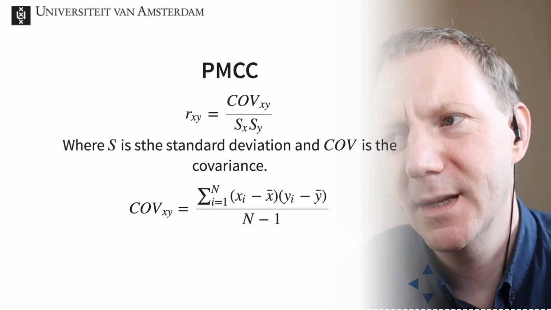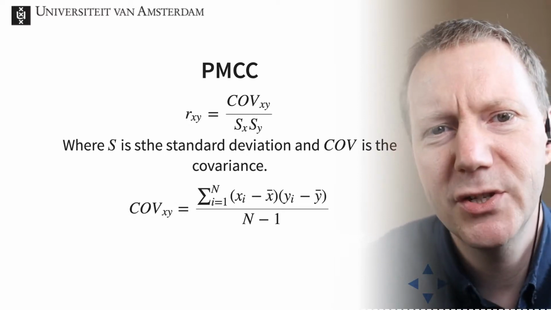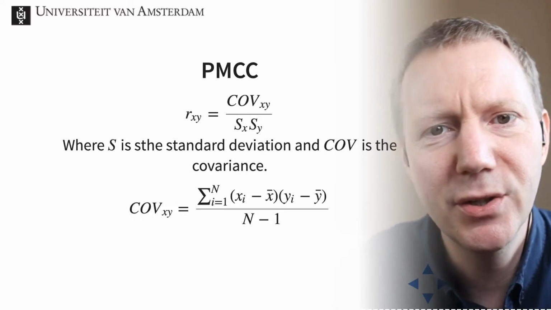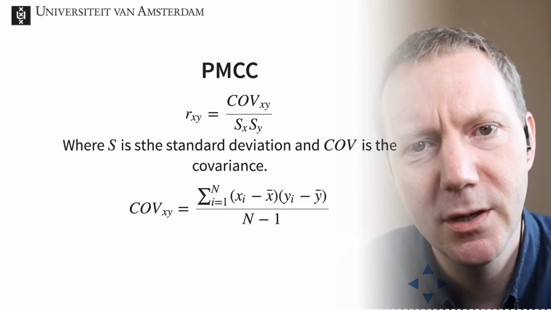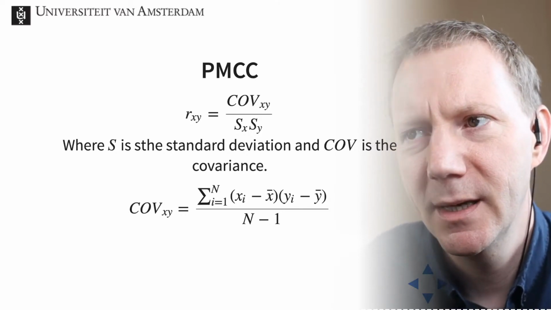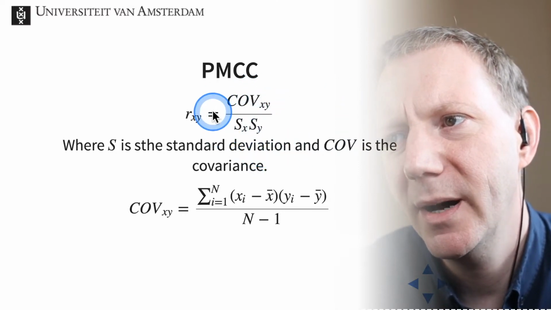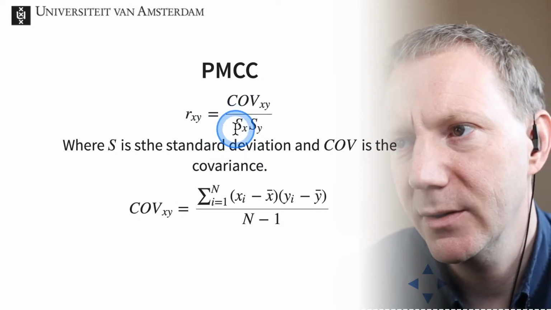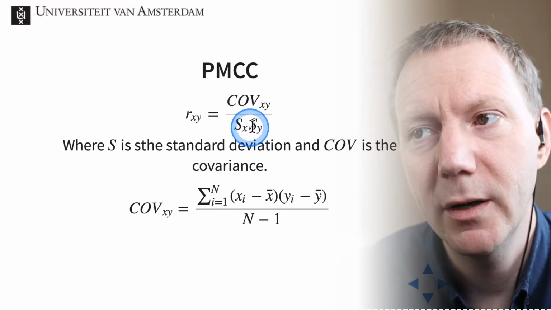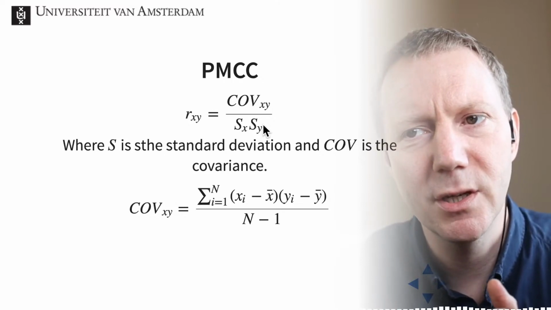In terms of how this correlation coefficient is calculated, we have essentially two parts. The first part is the covariance part, as at the top here, the covariance. And essentially what you're doing by dividing by the standard deviation for both of the variables is standardizing your difference scores again.